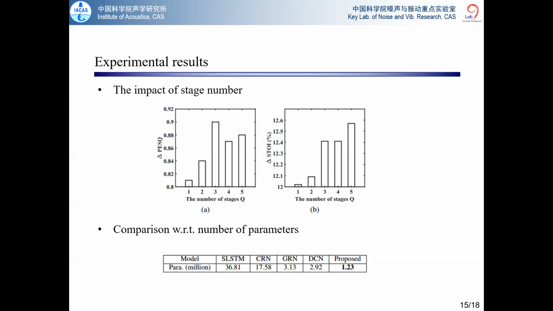This is maybe because the optimization toward PESQ and STOI is not quite consistent. And therefore, when MSE is further optimized, the situation for PESQ and STOI may be slightly different. We also give comparisons of the number of parameters of different models, as the table shows. We can find that the proposed method achieves a notably lower parameter burden.